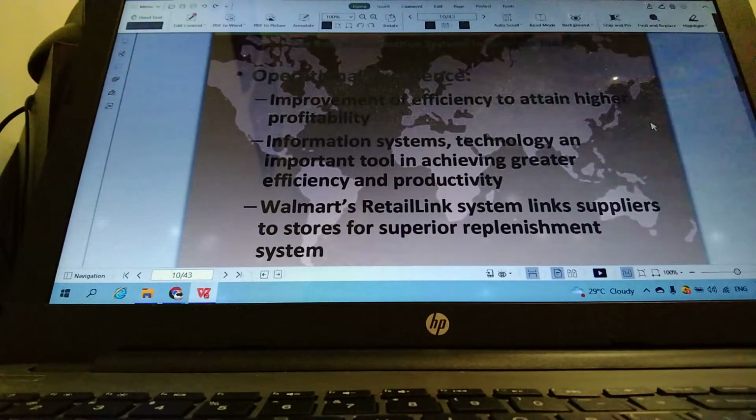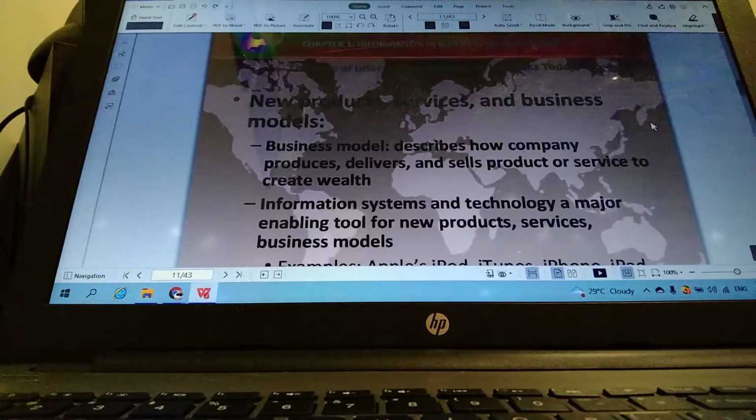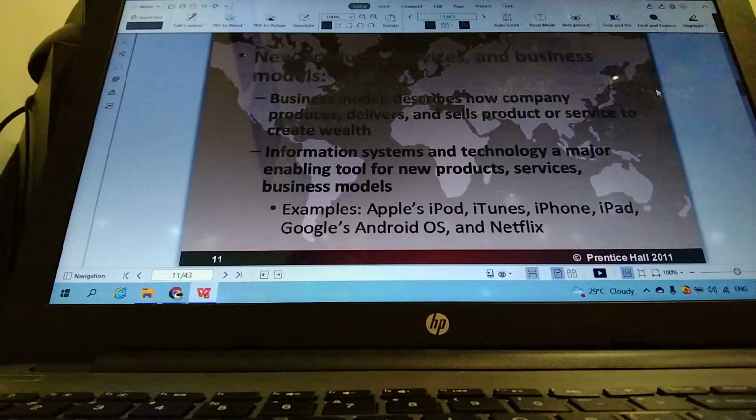For example, Walmart's Retail Link system links suppliers to stores for a superior replenishment system. There are many systems we can quote that have replaced the manual system in improving the productivity and profitability of the company.